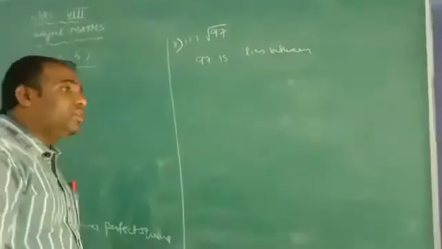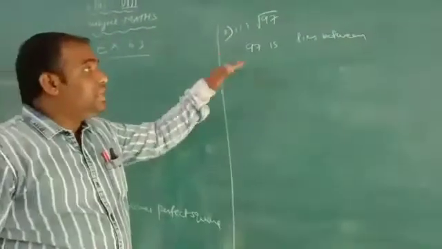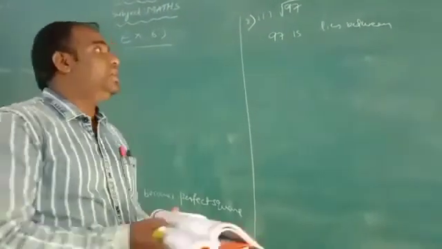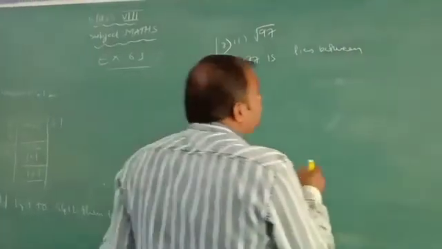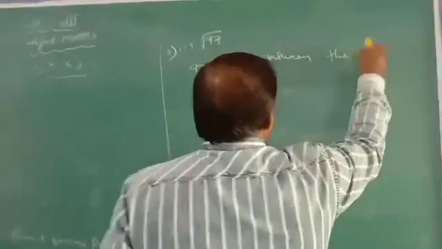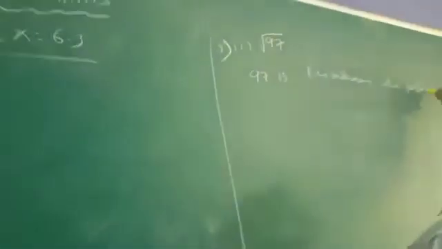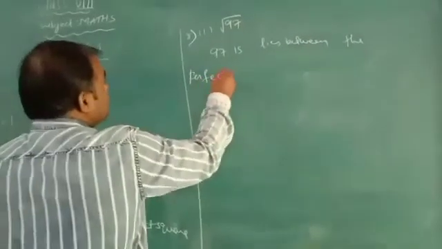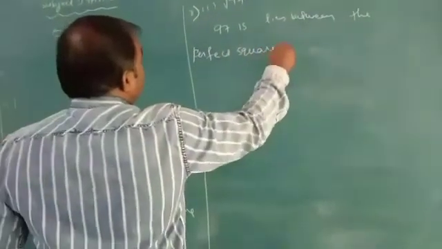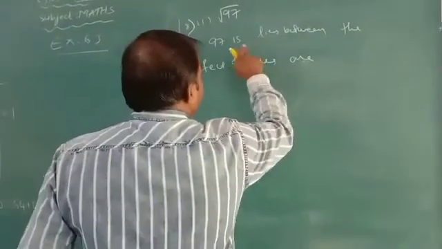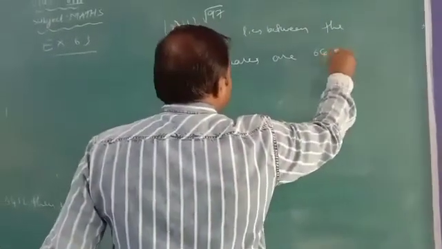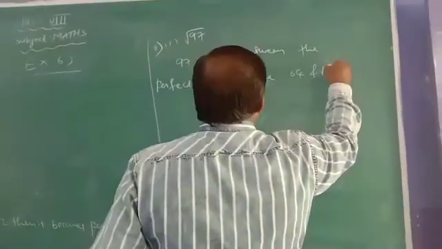What were the perfect squares, beta? See, the perfect squares nearest to 97, tell me. 9 9 ja 81, 10 10 ja 100. See, 97 lies between perfect squares. 97 lies between the perfect squares 64 and 100.